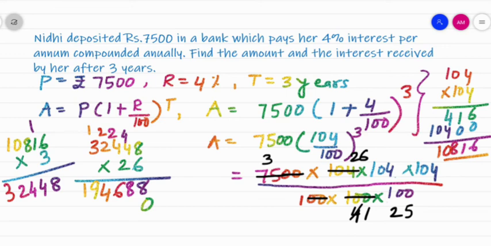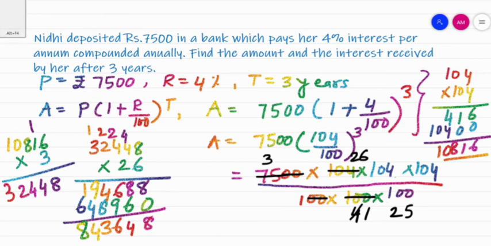Again multiply by 2, 2 8s are 16, 6 1, 2 4s are 8 and 1 is 9, again 2 4s are 8, 2 2s are 4 and 2 3s are 6. So adding, we get 8, 4, 3, 6, 4, 8.